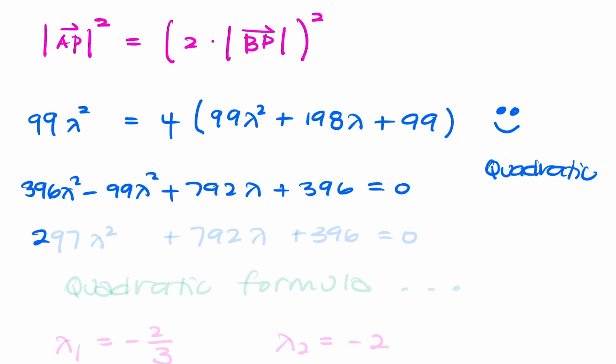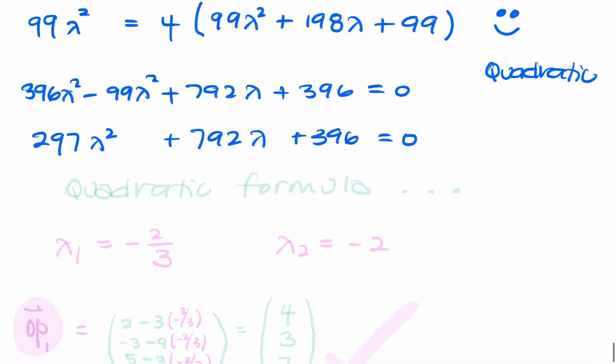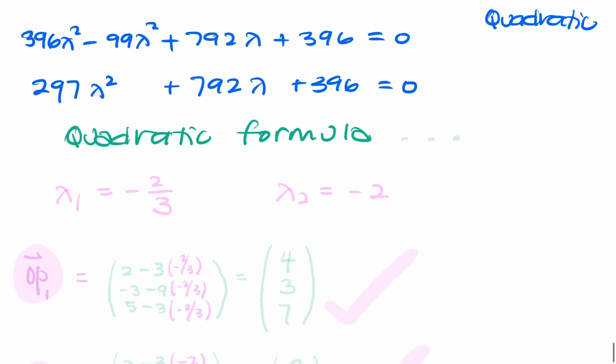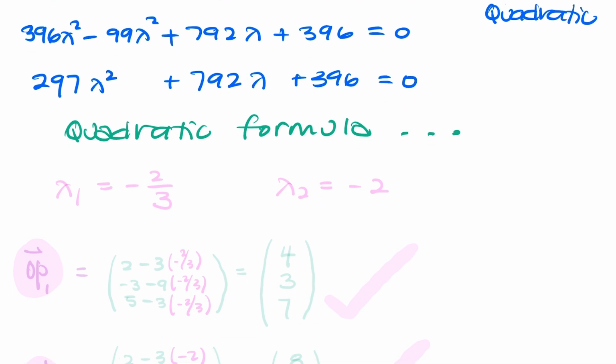So that's 297 lambda squared plus 792 lambda plus 396 equals 0. Use the quadratic formula, and that will give me two values for lambda.